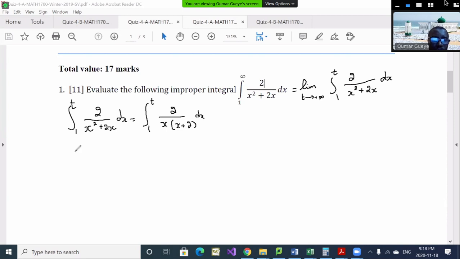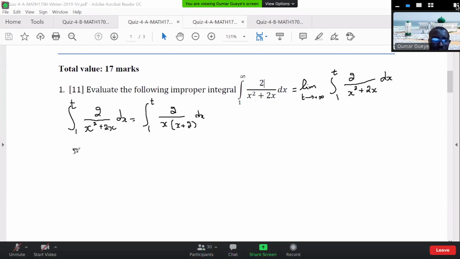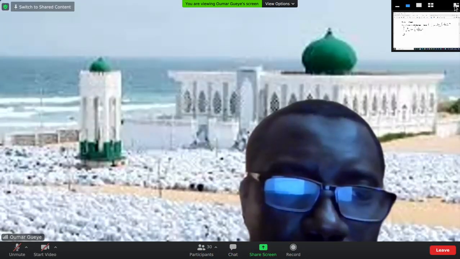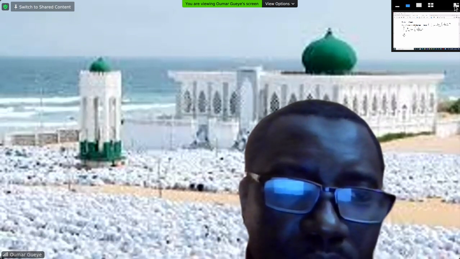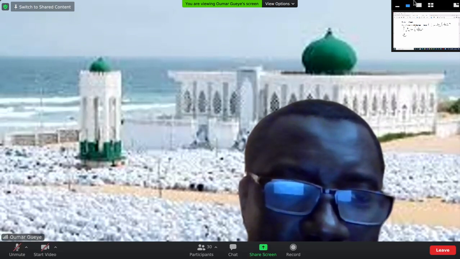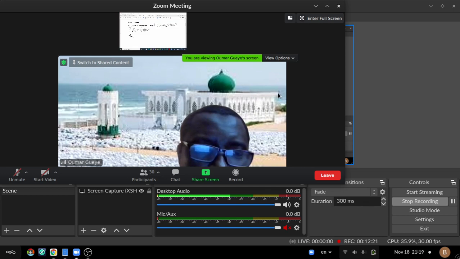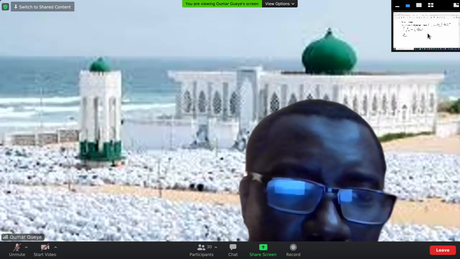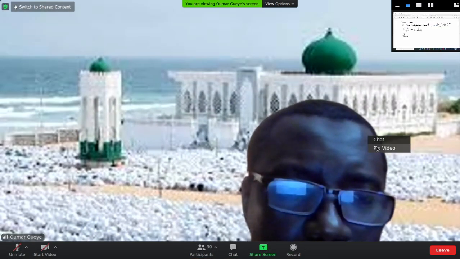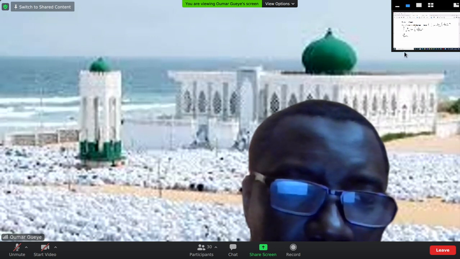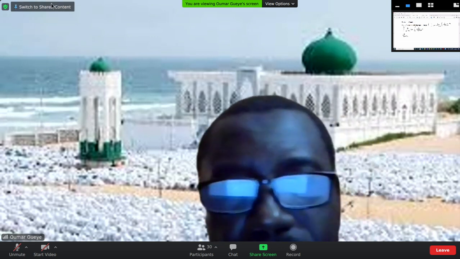And we know the partial fraction is going to be 2 over x times x plus 2. You guys can see the denominator is in fact the product of two linear factors.